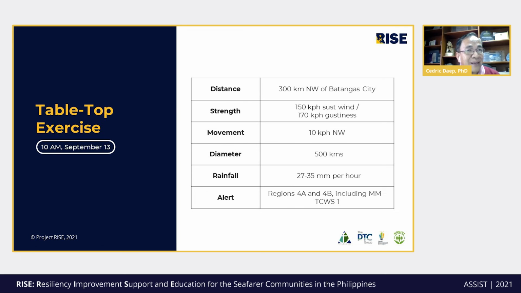And then another thing in planning for the actual drill, because a tabletop exercise is only done within the four corners of the room, while the actual drill is being done outside with the community.